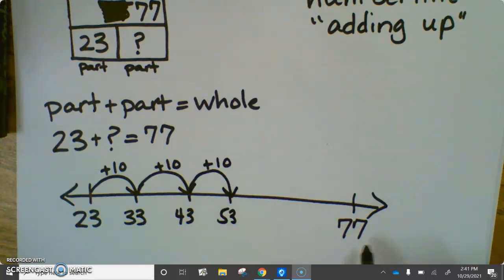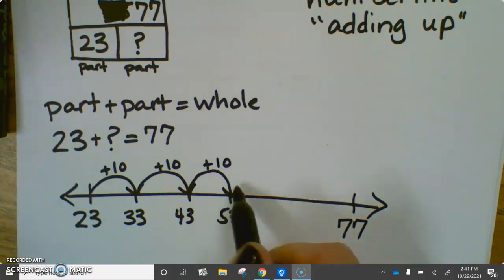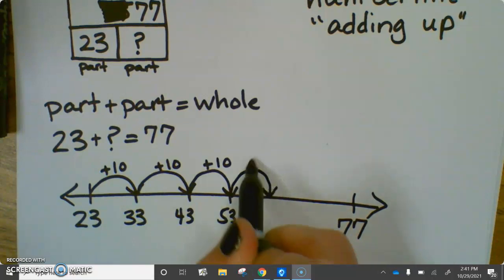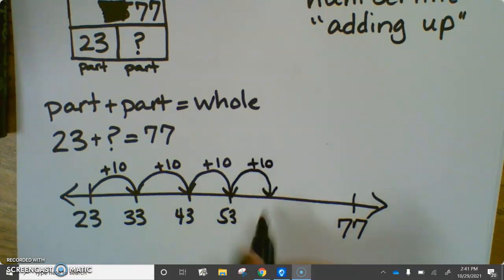So we're trying to get to 77. We can add 10 more. We don't want to go past 77, so we got to keep that in mind as we get closer. So plus 10, 53 plus 10 is 63.